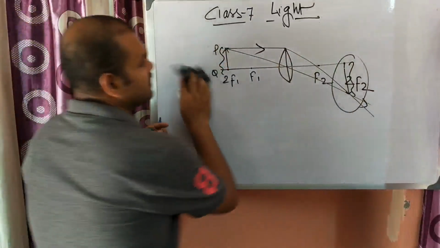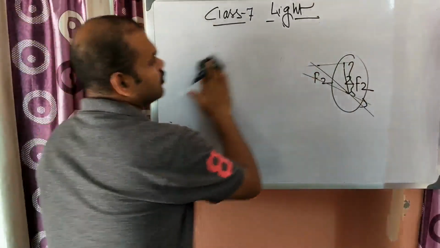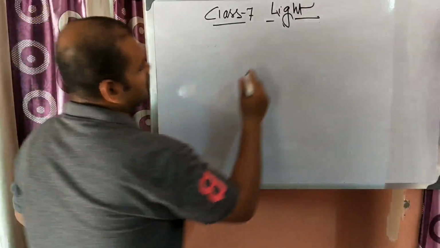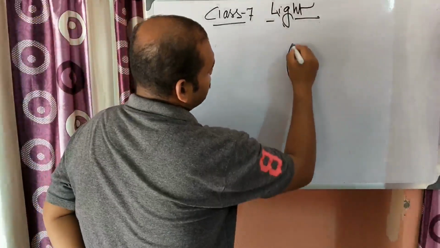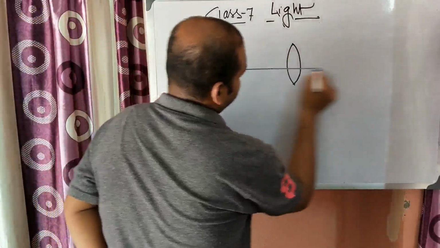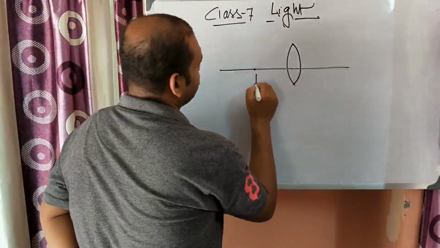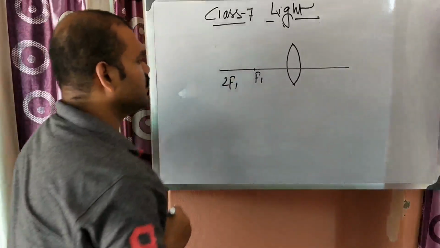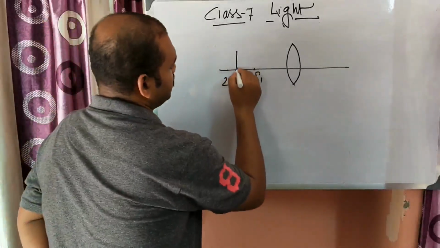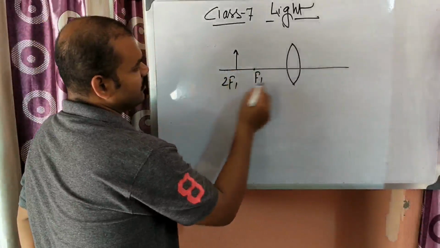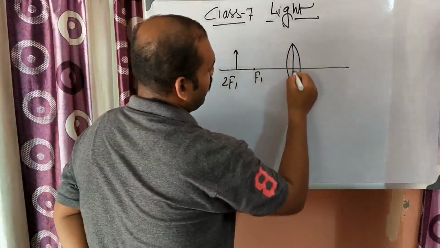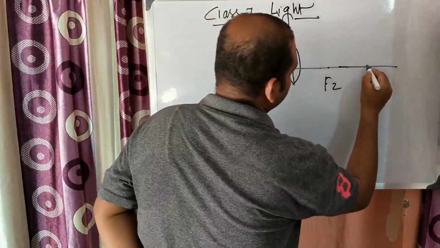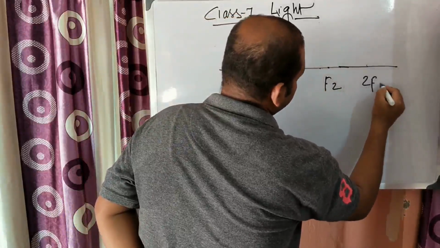Okay, so these are the positions. Next position, same phenomenon, very simple things. Now this is f1, this is 2f1, and the object is between 2f1 and f1. So after refraction, what happens? f2, 2f2.